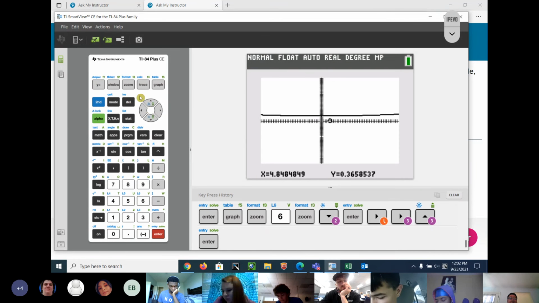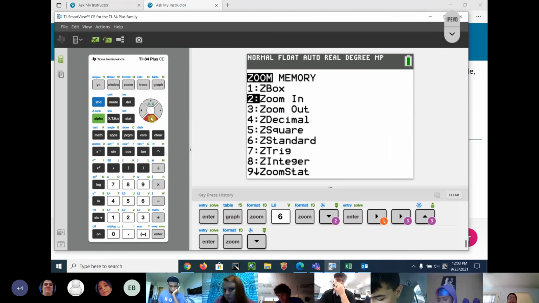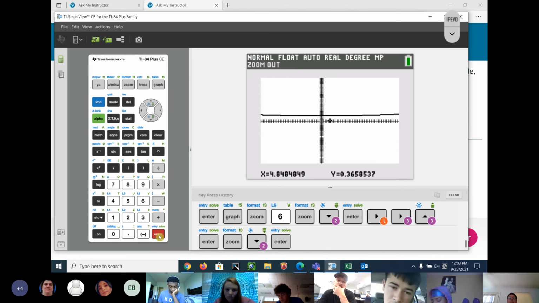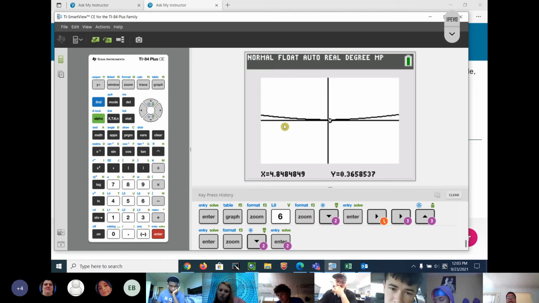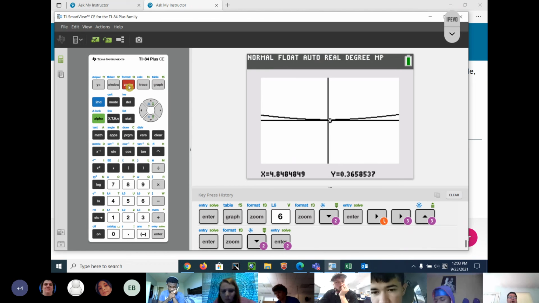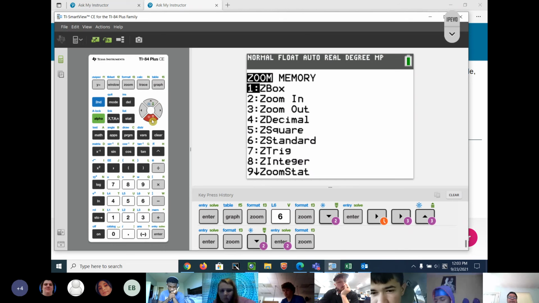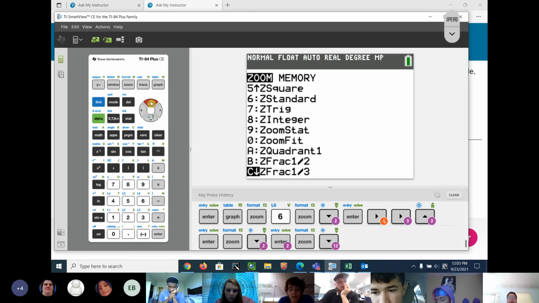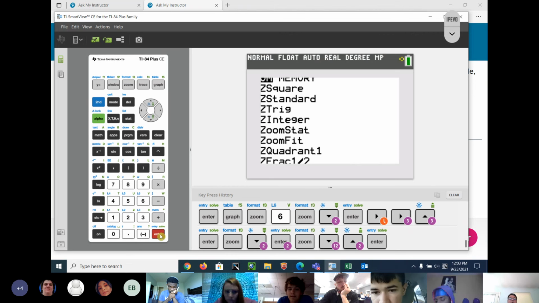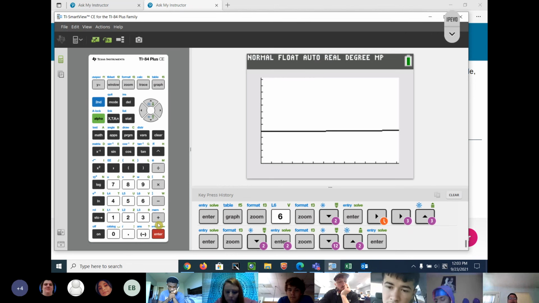Hold on. Let me zoom out one more time. Yeah, there's the parabola. So you know there's a mean somewhere, and we know that the first quadrant is all they're looking at. So I'm going to zoom down to first quadrant. See the quadrant 1? And there is what we're talking about.